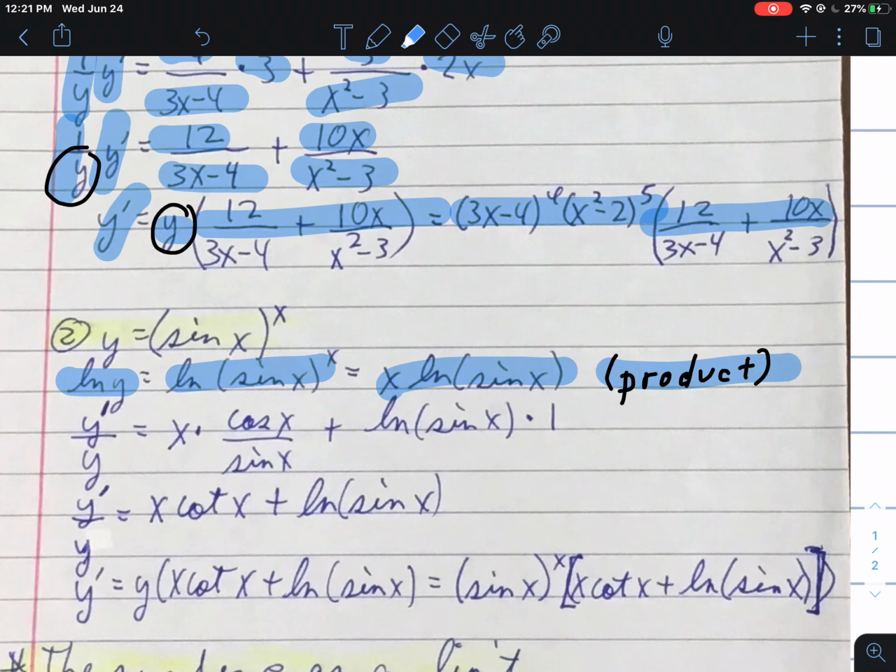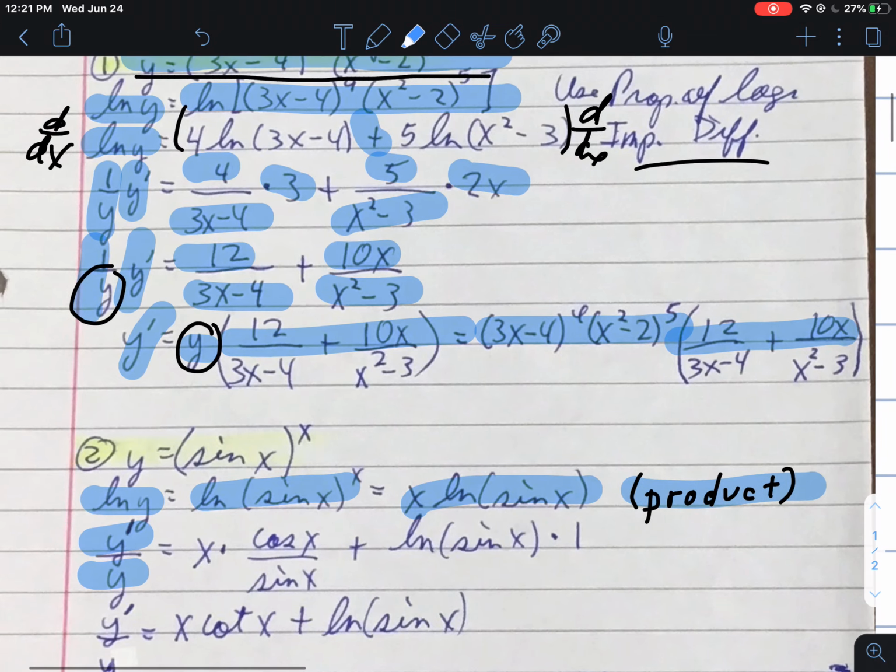So here's the left side. When we said natural log of y, I'm differentiating a natural log function, which is the derivative of the argument divided by the argument. That's y prime over y, or 1 over y times y prime, as I wrote it up there. Either way, some people prefer it one way, some prefer the other.